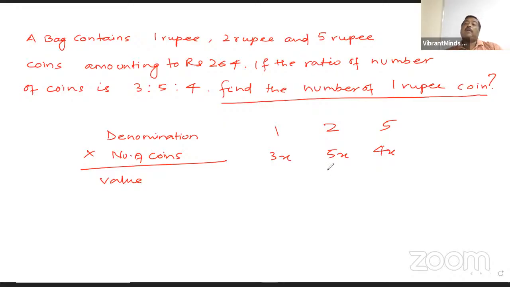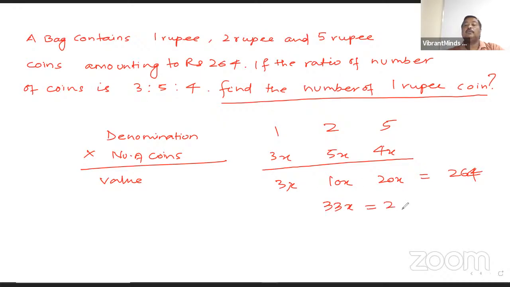Now you must ask why we put x. This is a multiplying constant. Okay. So what is the value here? This is 3x. This is 10x. This is 20x. And the value is giving me how much?